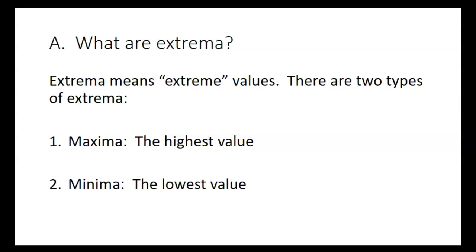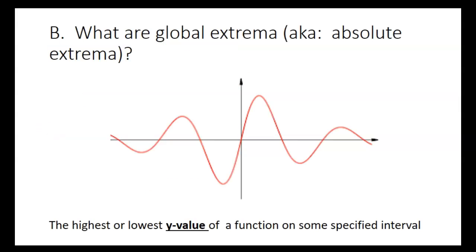Extrema means the extreme values, and there's two types. There's the maxima, which is the highest value, and the minima, which is the lowest value on a graph or a function. Now there's two types. You guys see this slide twice on your notes. There's what's called the global extrema, also known as the absolute extrema, and then there's another one called the local or relative extrema. Global is kind of easiest to understand.